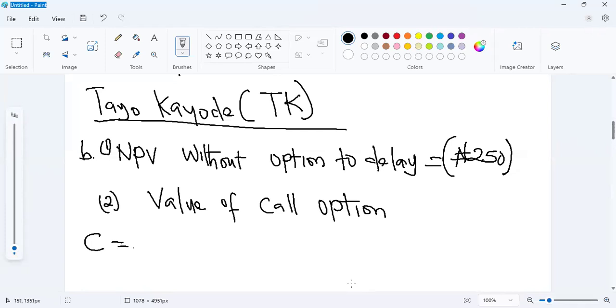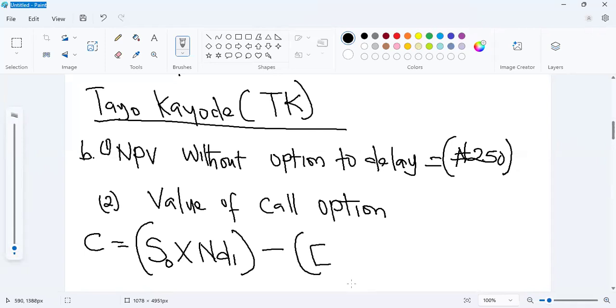Call option is equal to C is equal to, open a bracket, XO multiplied by N bracket D1 minus, open another bracket, E exponential raised to power negative RT multiplied by ND2.